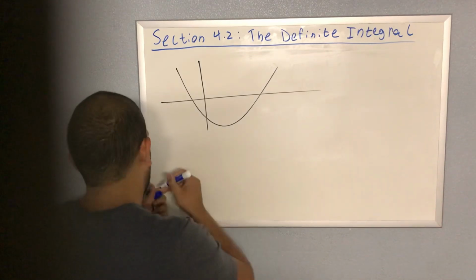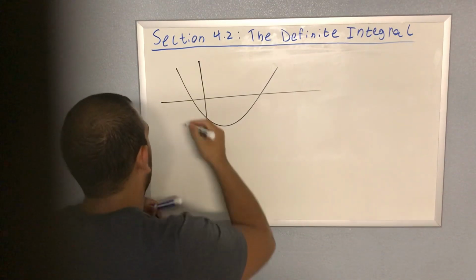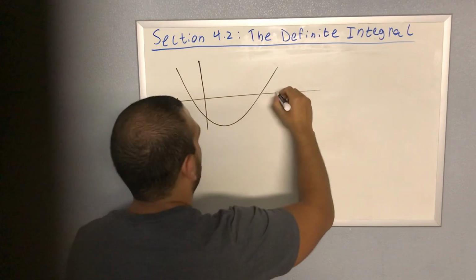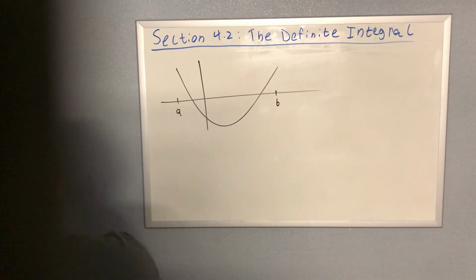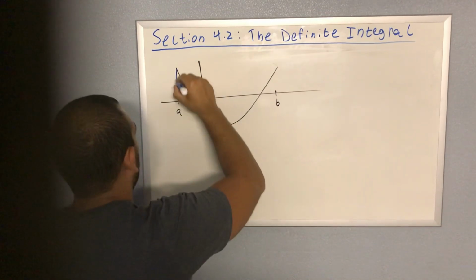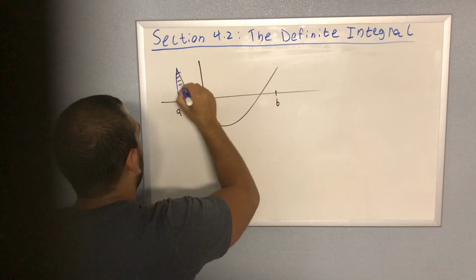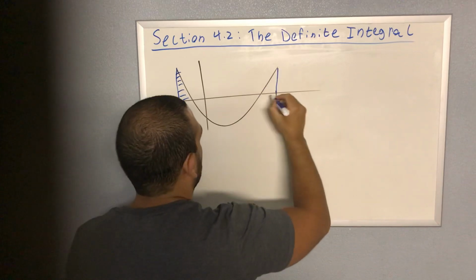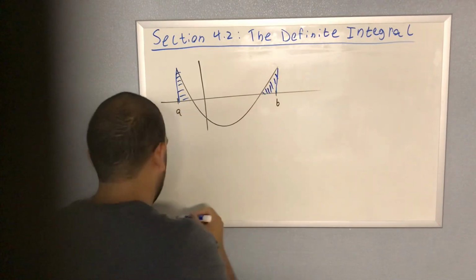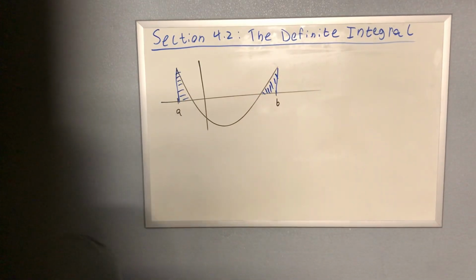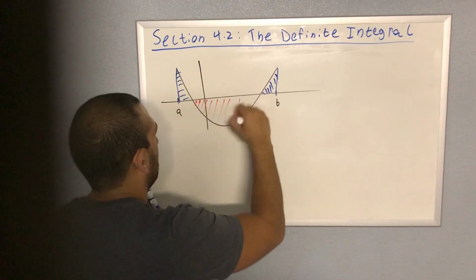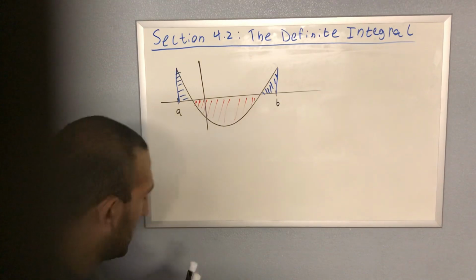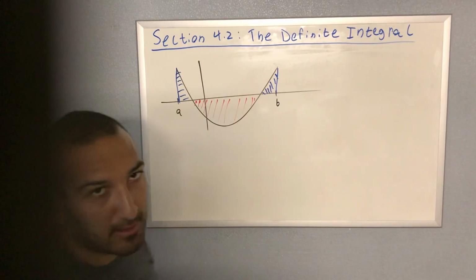So here's a and here's b. So this area here, these are positive areas. They contribute positively to the area. But then the area down here that we get like that, that's going to contribute a negative area.